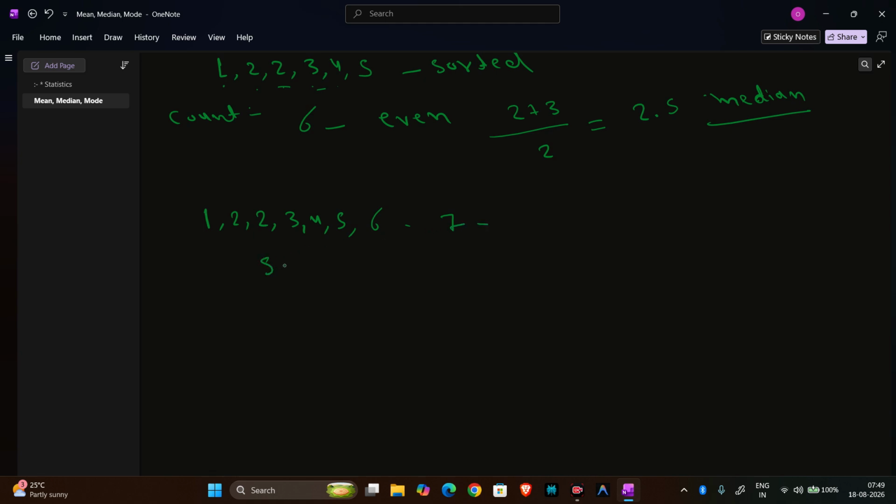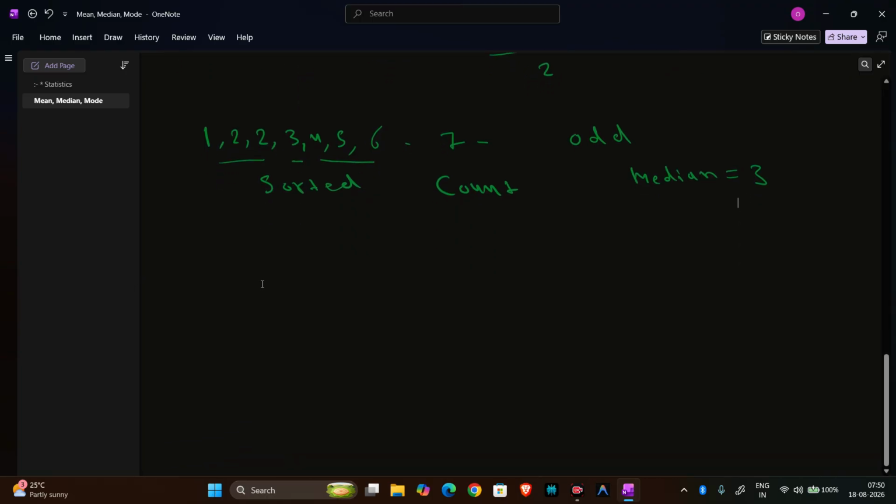This is sorted, and we take the count. The count is odd. What is the middle value? It is 3. So the median for this one is 3. Now we know how to calculate the mean and median.